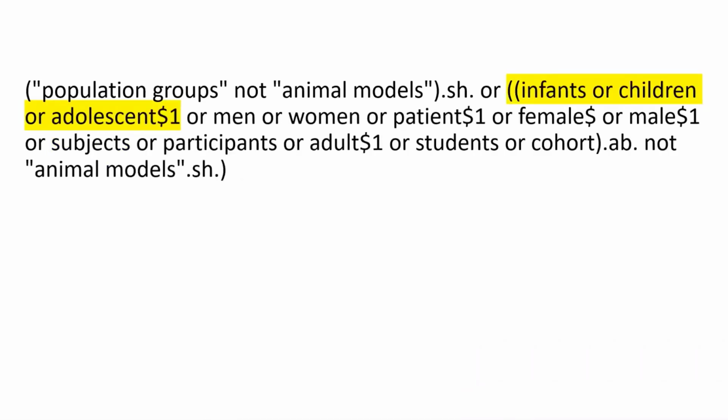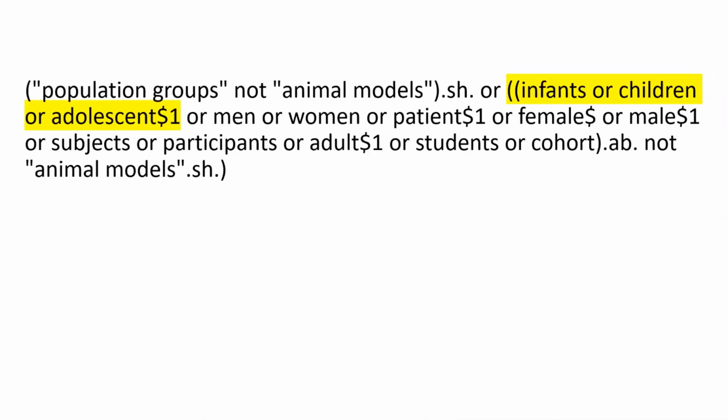This filter, in the iteration that was on the last slide, didn't have anything particularly about young people, so babies and children and adolescents. That doesn't mean that it doesn't pick up a lot of studies that are about infants or children or adolescents, because it does.